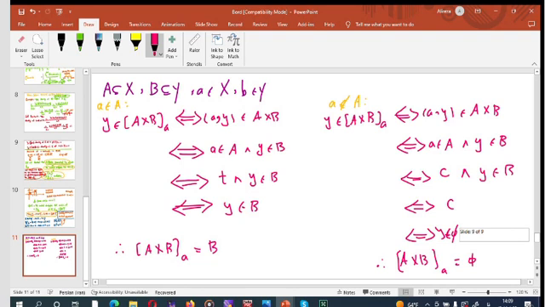If this first coordinate not belong to A, we don't have any Y with this property, so this set must be empty set.